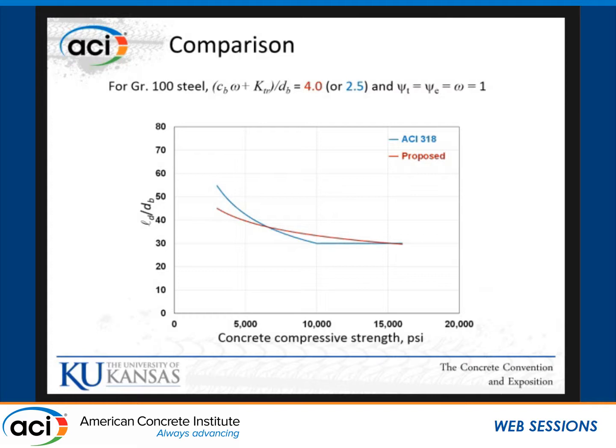That's telling us that the margin of safety that ACI 318 is providing is not uniform along the whole confinement range or along the whole data. Also, for lower strength concretes, the development length calculated using ACI is about 20% longer than what's required.